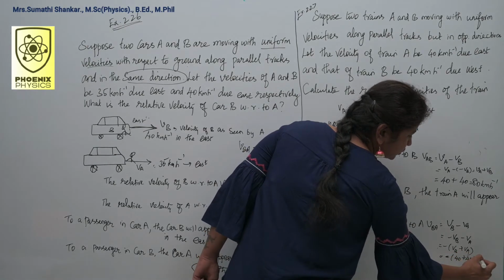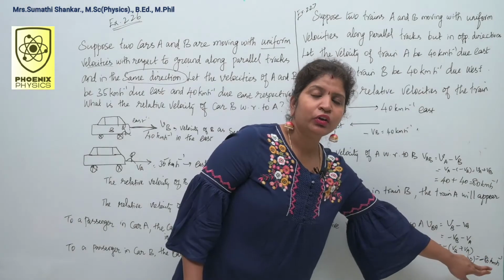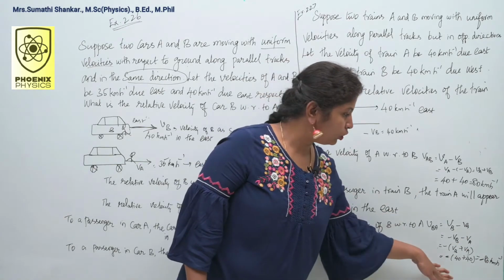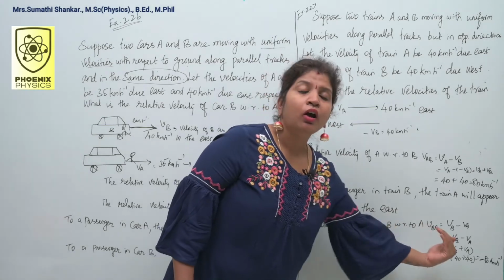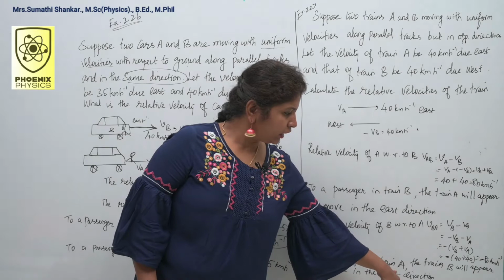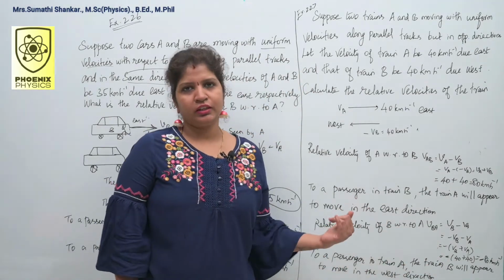So, the total answer is minus 80 km per hour. Here the negative indicates opposite direction. So this train B moves in the opposite direction. To a passenger in train A, the train B will appear to move in the west direction.